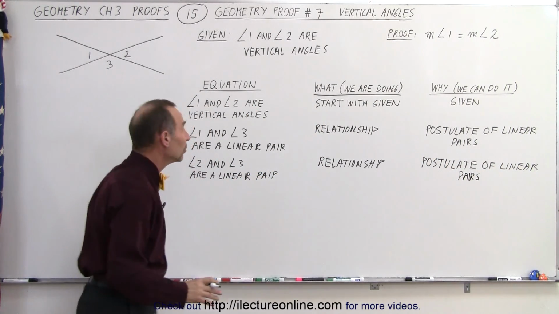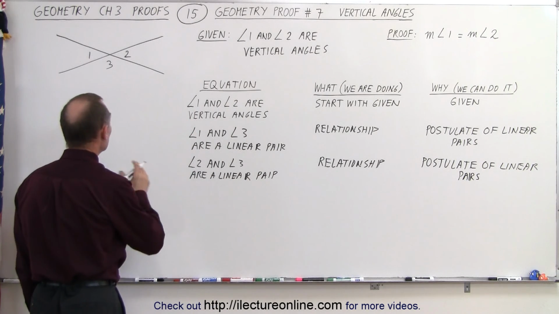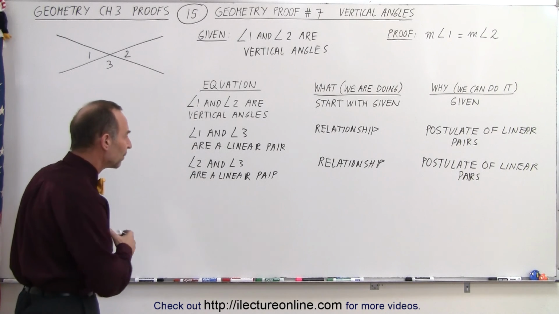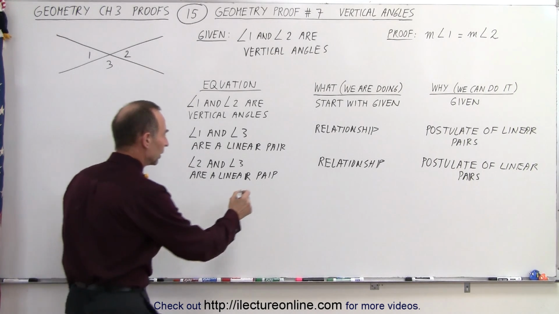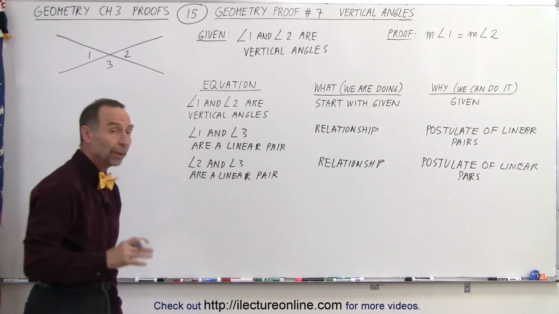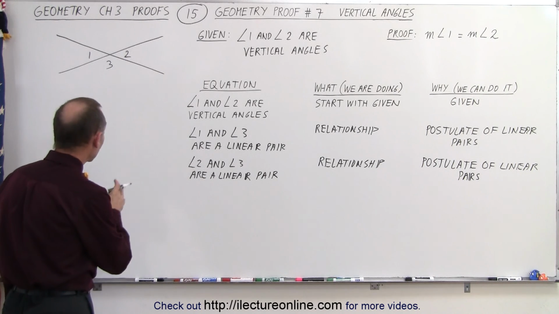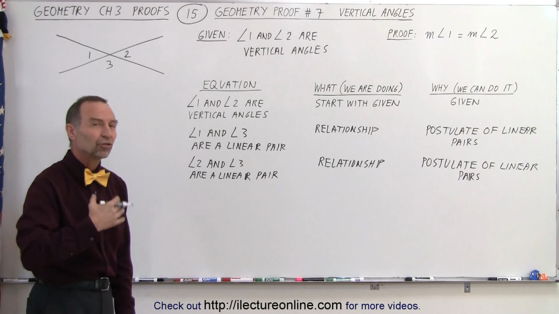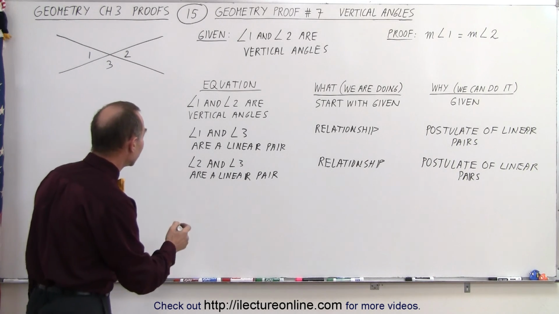Now what we need to realize is that if two angles are a linear pair, they're supplementary angles by definition. Angles that are linear pairs form supplementary angles, and therefore the sum of their measures adds up to 180 degrees.